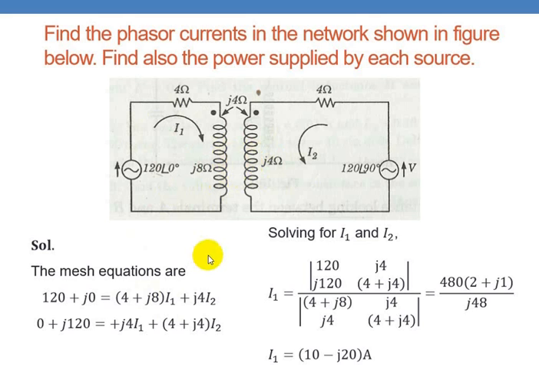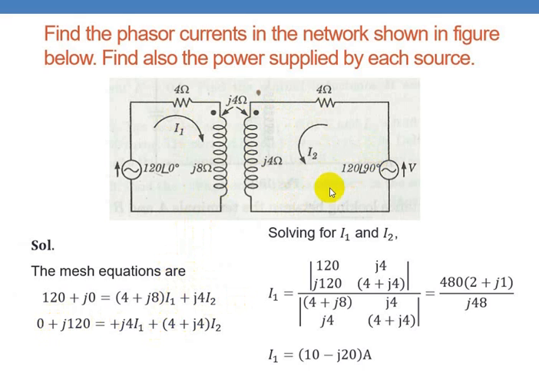So here you write the mutual inductance voltage drop. J4 is the mutual reactance, and for this coil you have to consider the current in this coil, which is I2. Now you see this sign: since I1 is entering the dotted terminal and I2 is also entering, you have to write plus here. This is the equation for this part of the circuit.